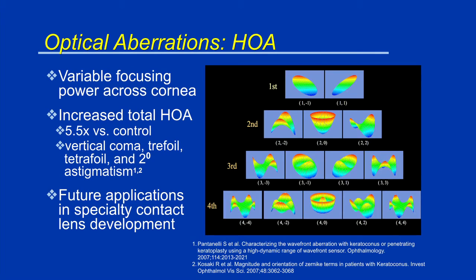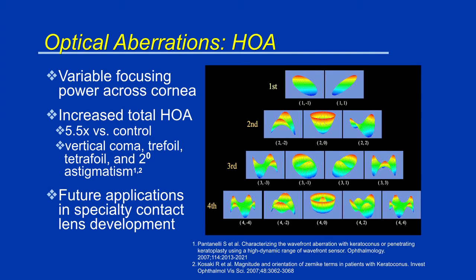As I've alluded to before, it's one way that we diagnose and monitor a patient with keratoconus. But if we could make some more advancement in this technology, potentially we can use it to create contact lenses to also help patients who are happy in their contact lenses but potentially need to strive for better vision. We'll talk about that a little bit later.